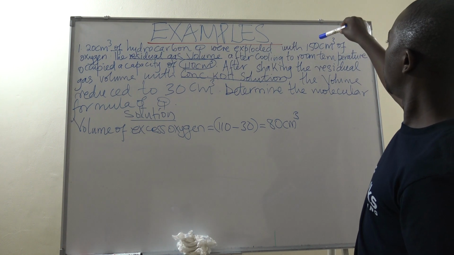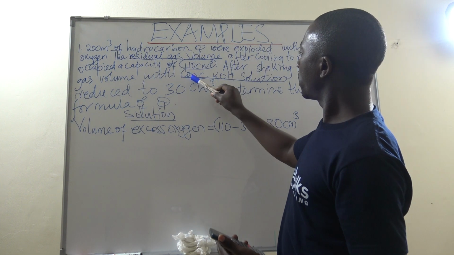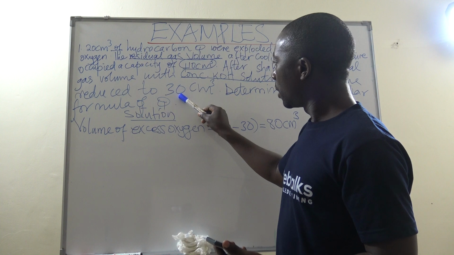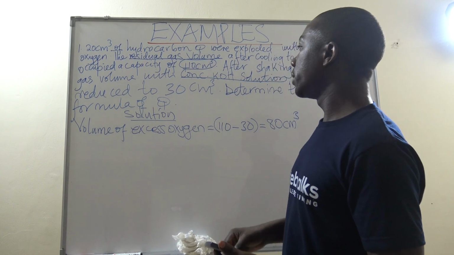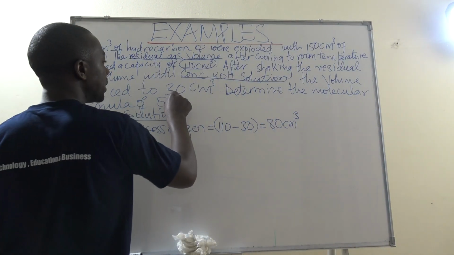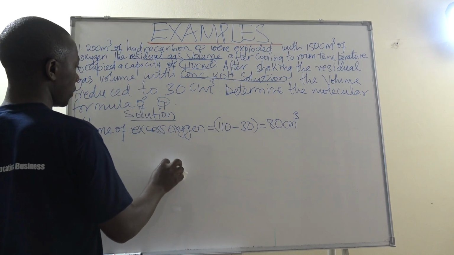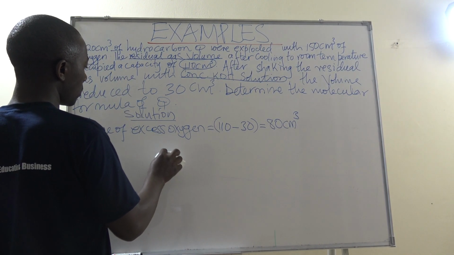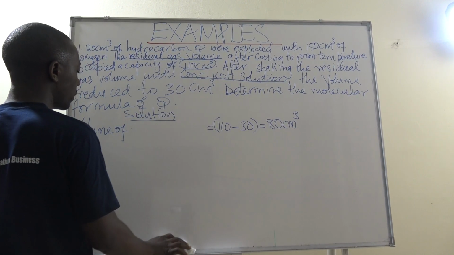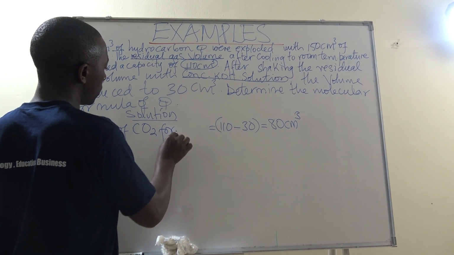But remember, we said this is the total volume of oxygen. Now if we pass through potassium hydroxide solution and the volume reduces to 30, this 30 should be the volume of oxygen that is unreacted. So this 80 is not excess oxygen, but the volume of carbon dioxide formed.